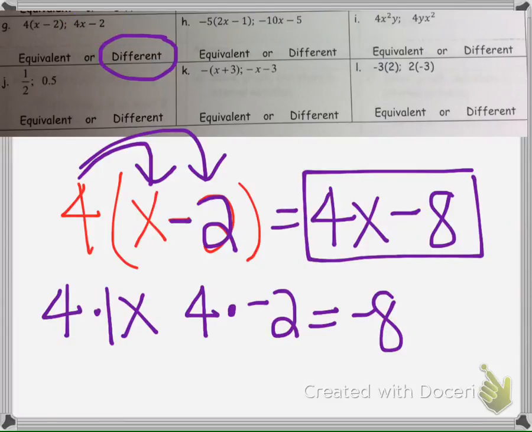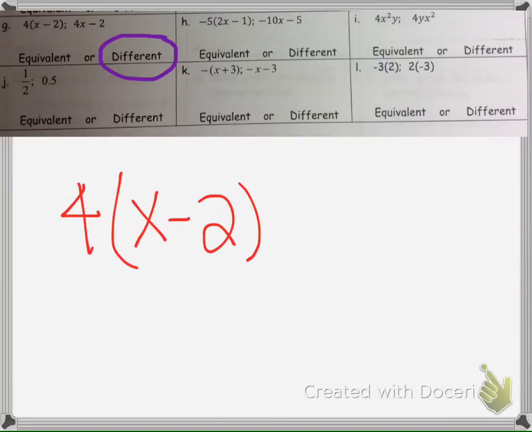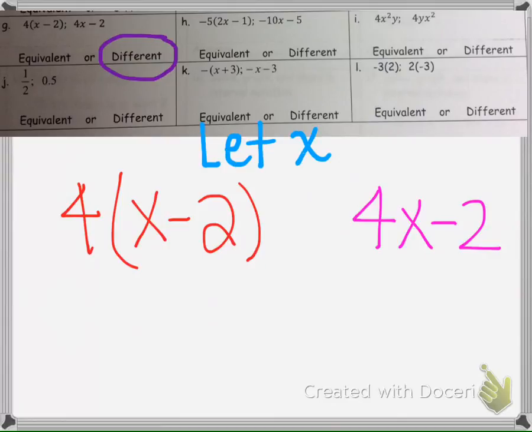So they are different. Another method to show that they are different is if we take the two expressions, and since it's a variable expression, variables stand for numbers, so I'm going to make up a random number for x, and I'm going to let x equal 5.